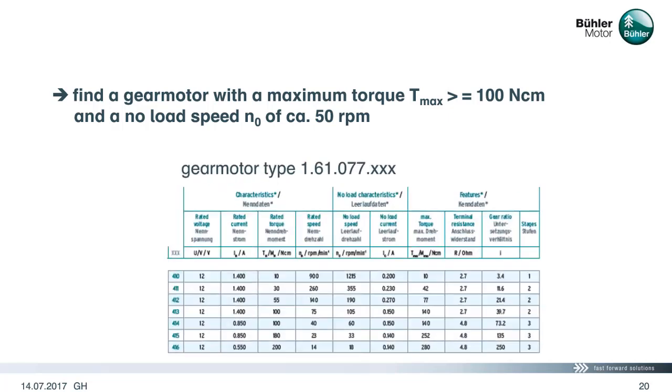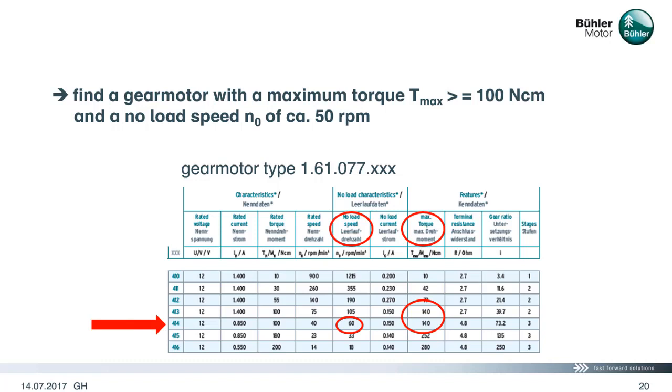Gear motor type 61077 contains two versions with the right maximum torque. Here it's 140 Newton centimeter. There is one version with a no-load speed of 60 rpm, which is pretty close to the required 50 rpm.